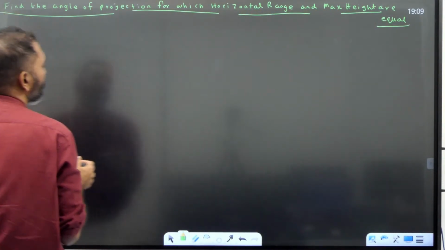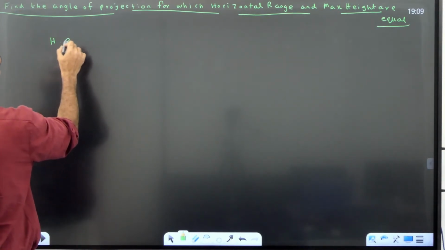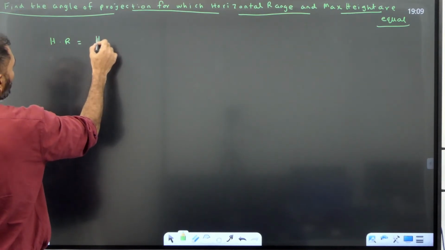Horizontal range and maximum height are equal. Given horizontal range is equal to maximum height.